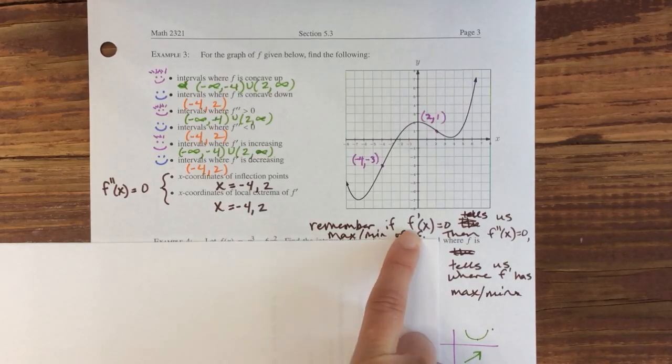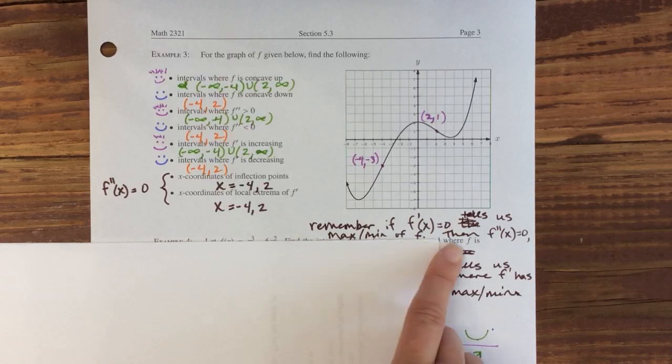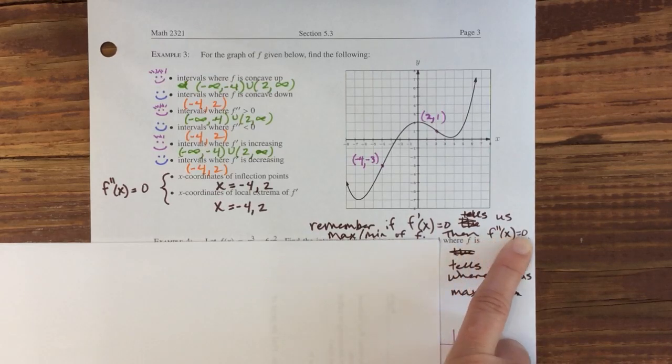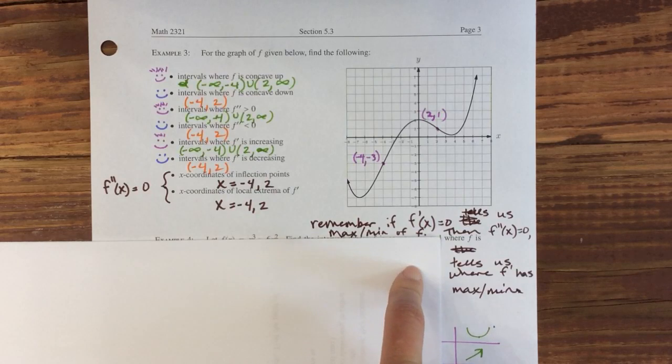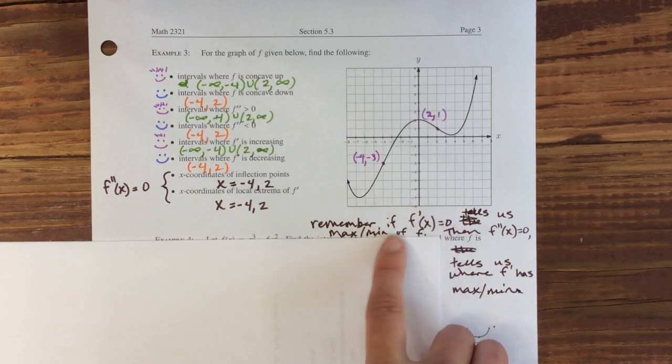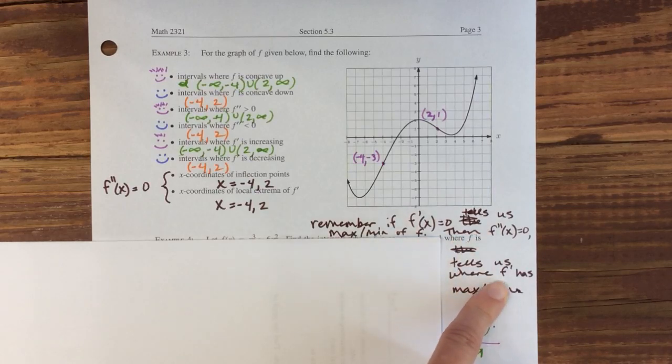Remember, f prime of x equals 0 tells us the max or min of f. Then f double prime of x equals 0 tells us where f prime has a max or min. Keep this relationship in mind at all times: what f prime tells us about f, f double prime tells us about f prime.